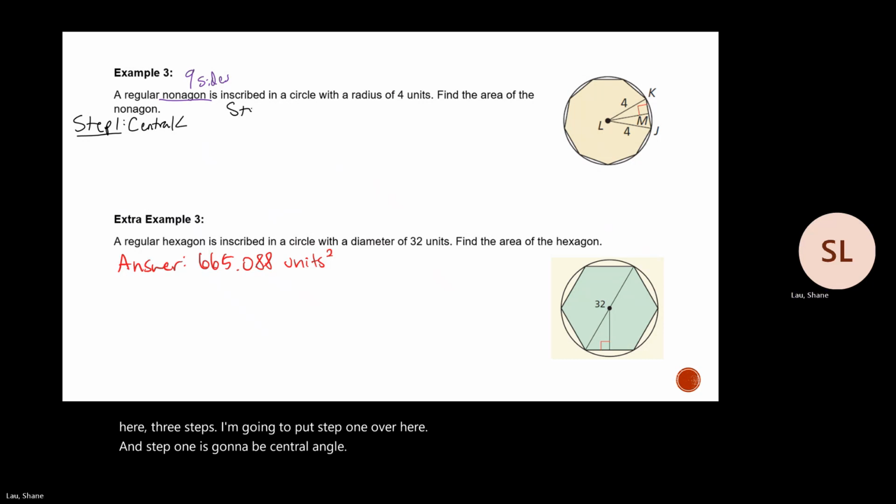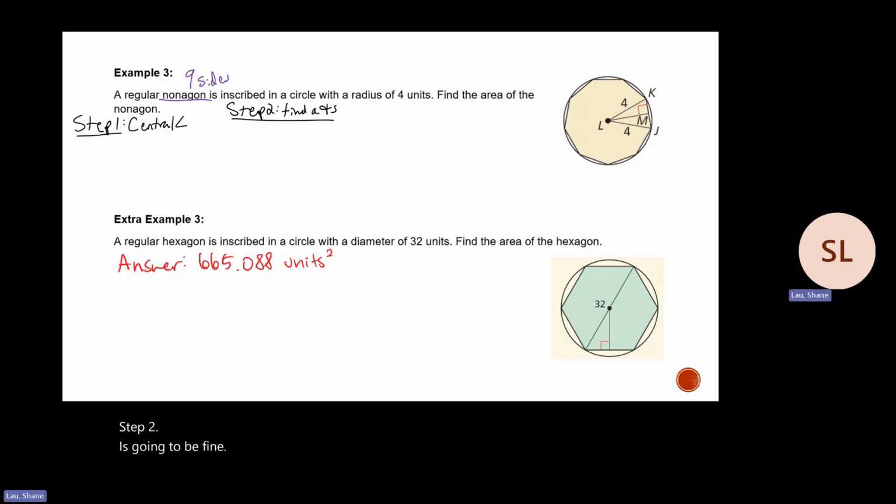Step 2 is going to be find A and S. You'll see what I mean by that. And the last step, step 3, is equation.